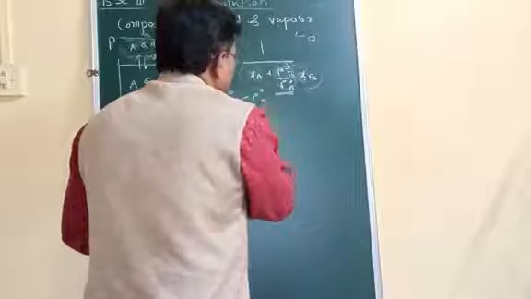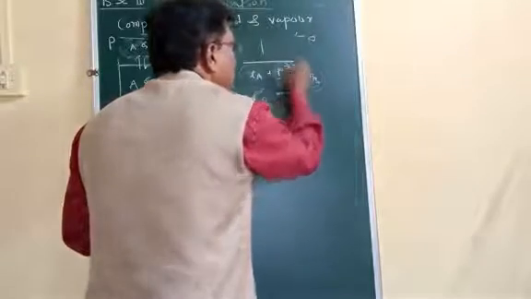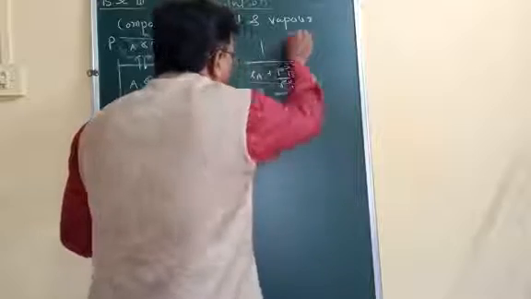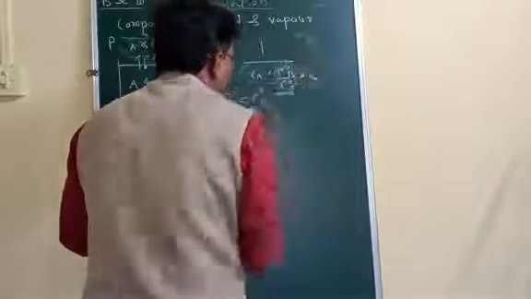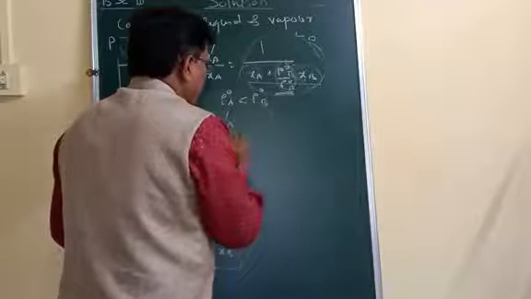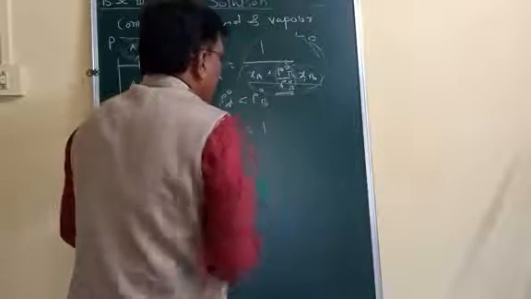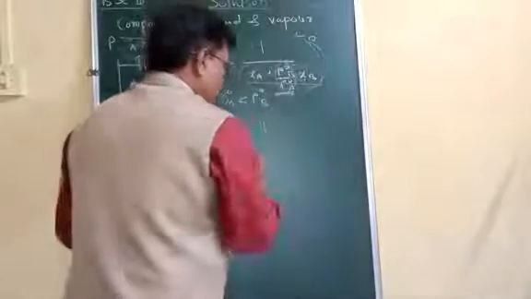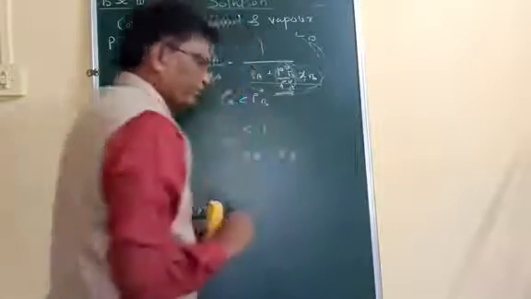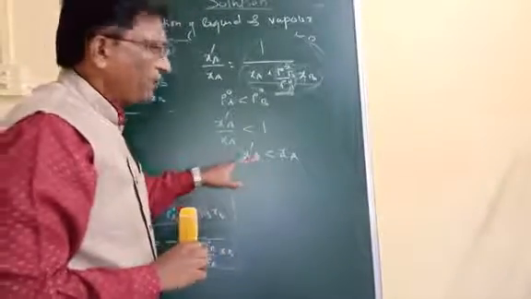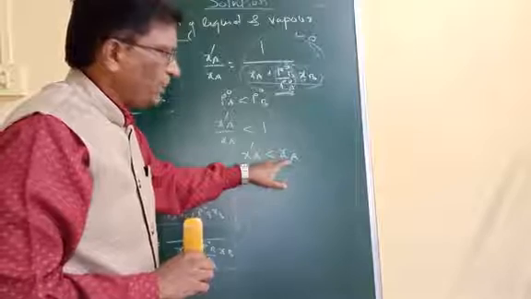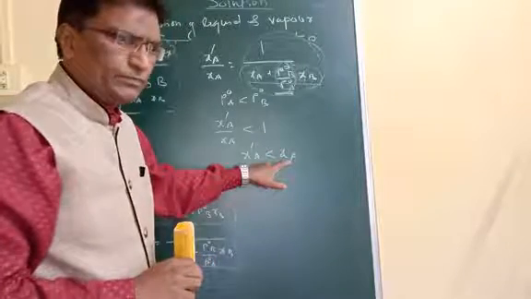If P0B is greater than P0A, then this thing is greater than 1, this thing is greater than 1, and therefore the entire division is less than 1, and therefore here we get x dash A upon xa is less than 1. That is x dash A is less than xa. The proportion of A in vapor phase is less than the proportion of A in a liquid phase.